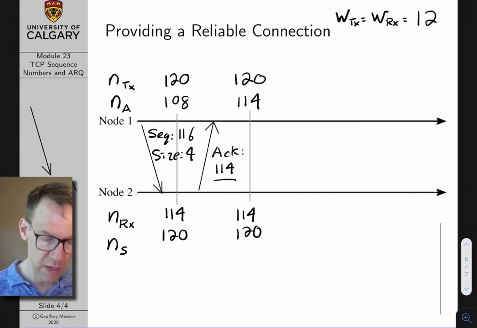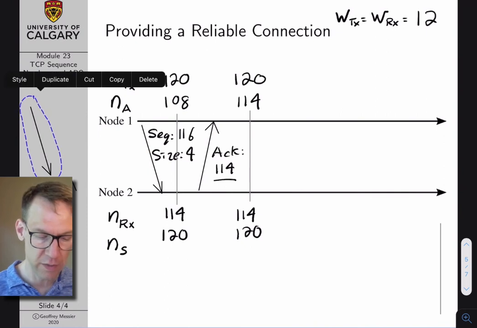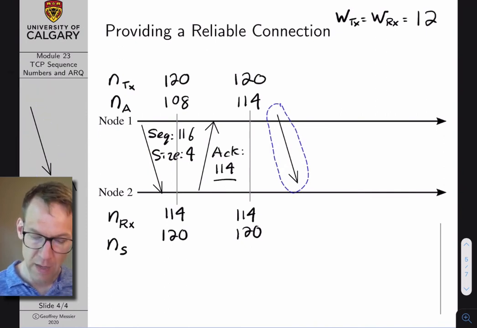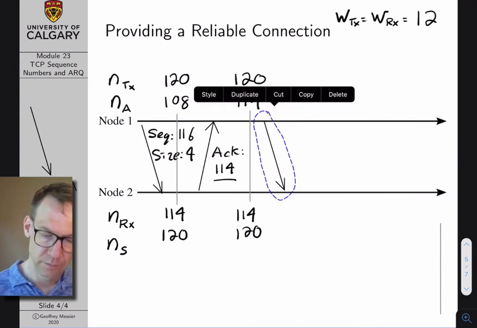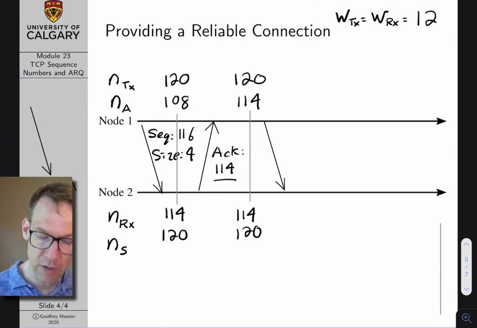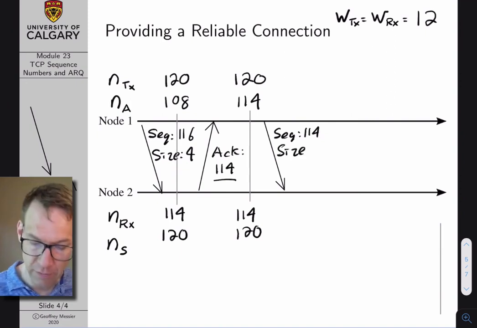It's going to look in its buffer, pull out the segment with sequence number 114, and resend it. So this is a retransmission with sequence number 114 and a size of 2. This time it arrives successfully.